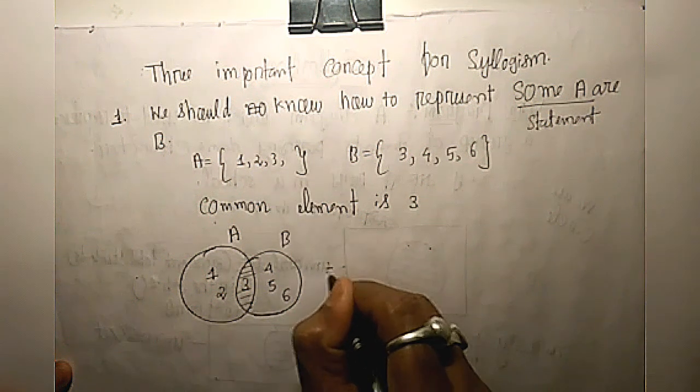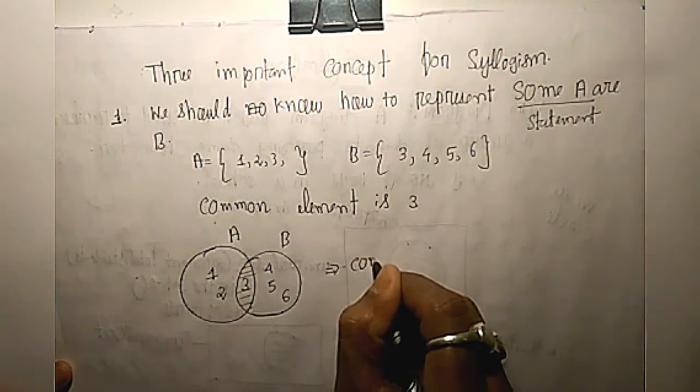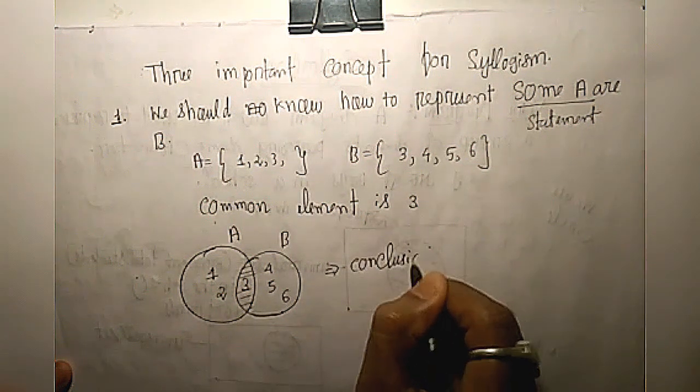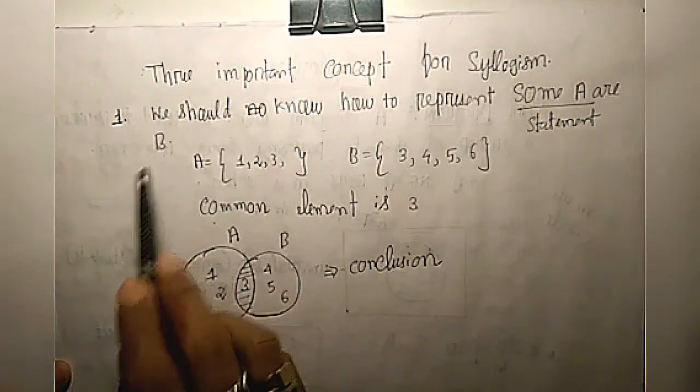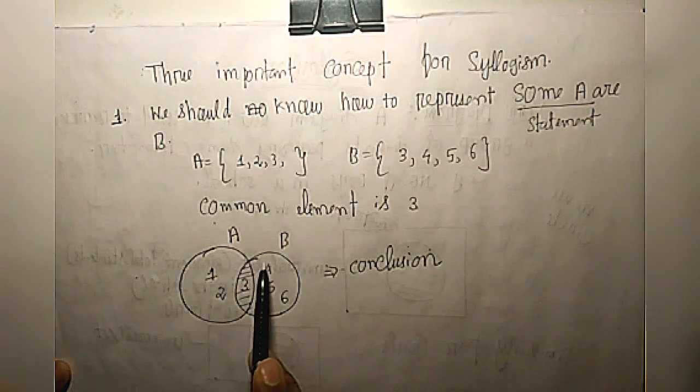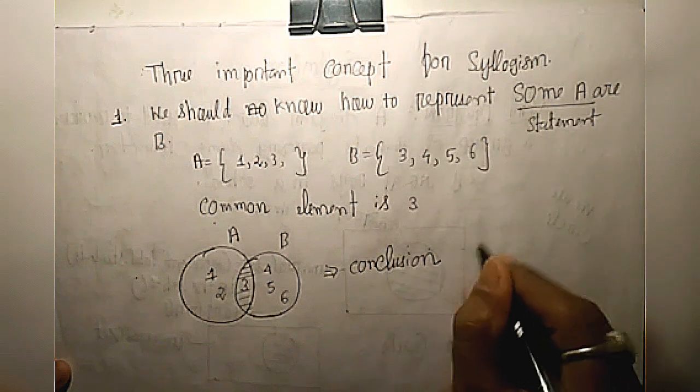So what is the conclusion? If "Some A are B", then the conclusion should be "Some B are A".